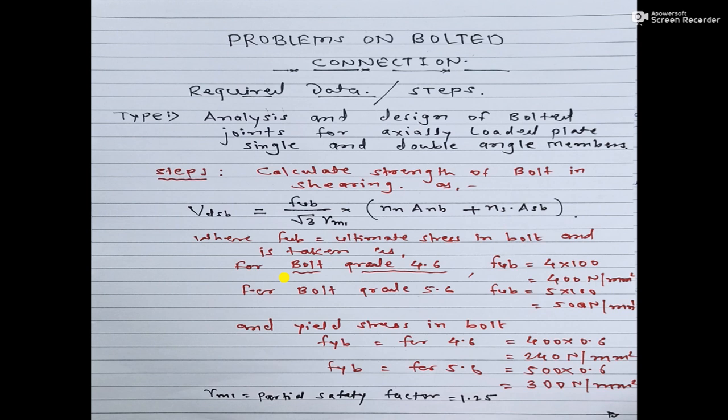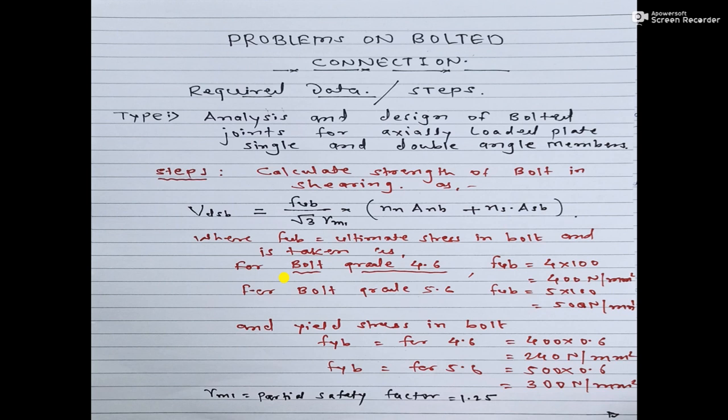Suppose in the problem we are given the bolt grade as 4.6. Then FUB is equal to 4.6, in which the number before the decimal point, 4, is taken into 100. In the theory lecture we have seen that 1/100th of the strength is taken for the bolt grade, so FUB is 4 into 100, that is 400 Newton per mm square, the ultimate stress in the bolt for a bolt grade of 4.6.